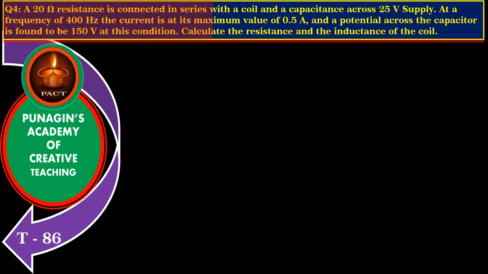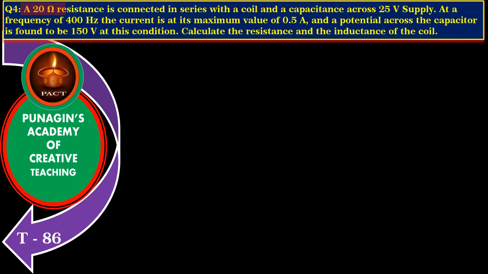Friends, this problem is simple but tricky in my opinion. Read the problem statement. A 20 ohm resistance is connected in series with a coil and a capacitance across a 25 volt supply. And we are required to find the resistance and the inductance of the coil. What does this mean?